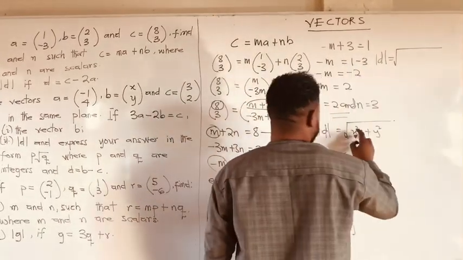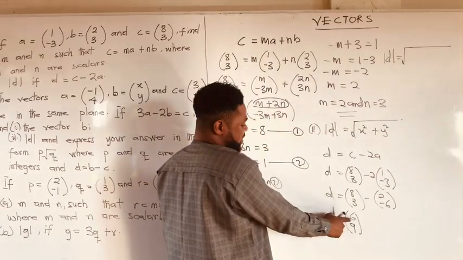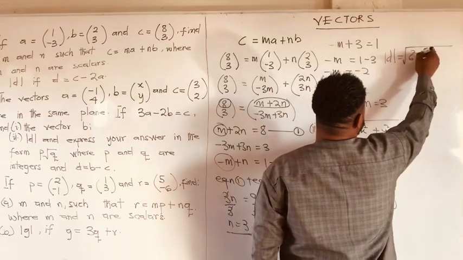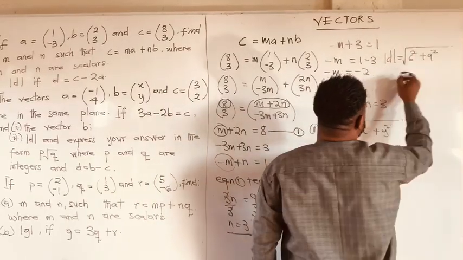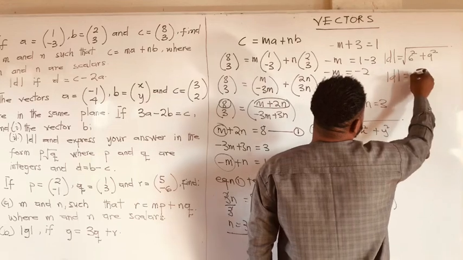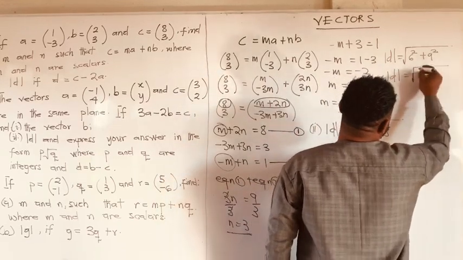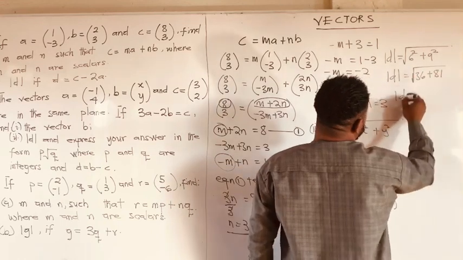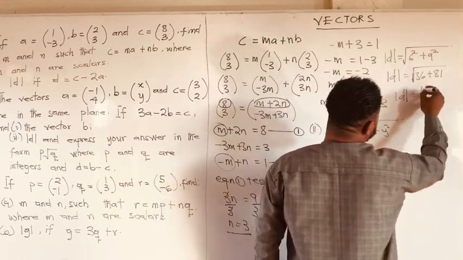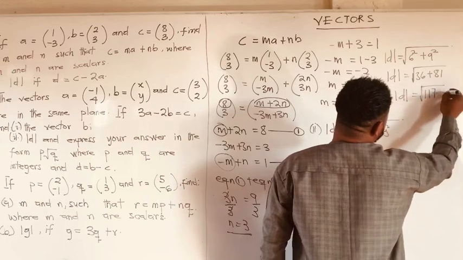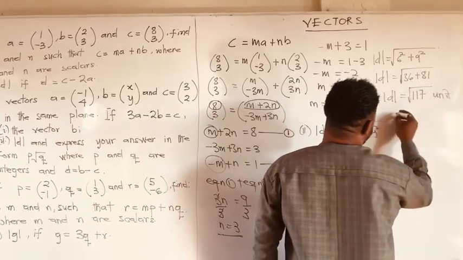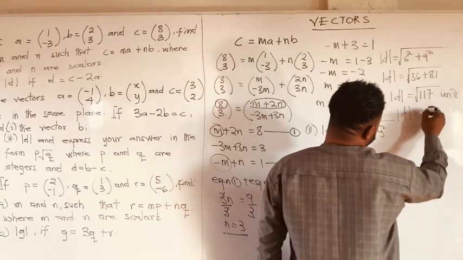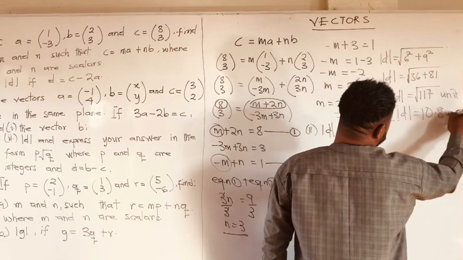Now this will become our X, and this will be our Y. So we have 6 squared plus 9 squared, which is the square root of 36 plus 81. So the magnitude of vector D will be the square root of 117 units. Or we can leave it in decimals, that is 10.8 units.